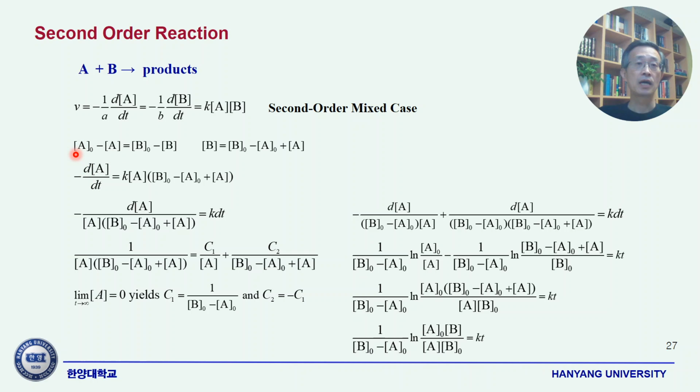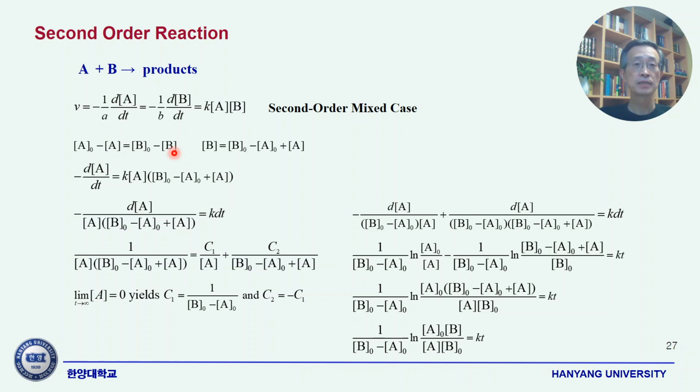Okay, and the initial condition is that we begin with A naught and B naught at t equals 0. Then A naught minus A equals B naught minus B, because if one is consumed, one of the other is also consumed, right? That's the relationship.